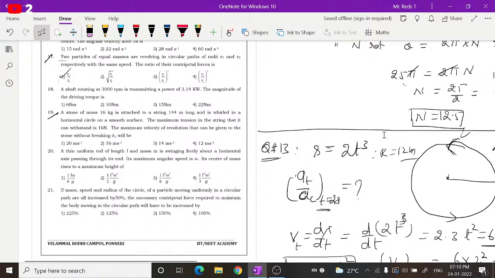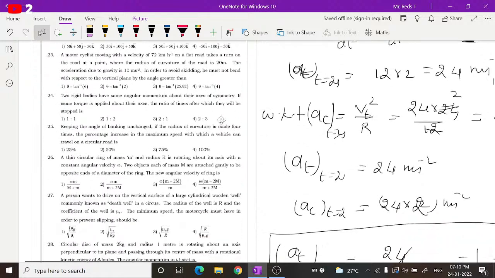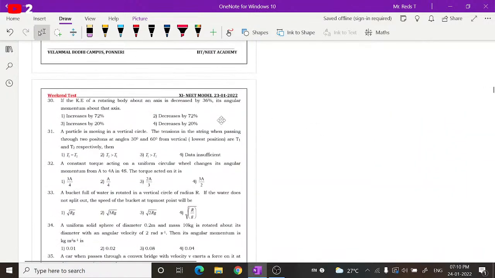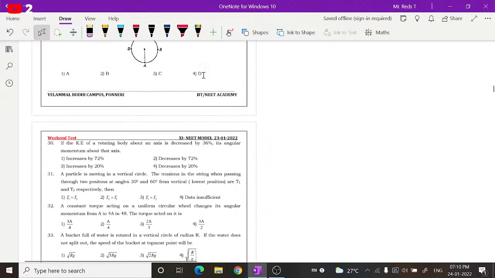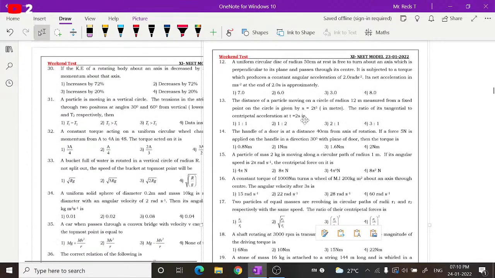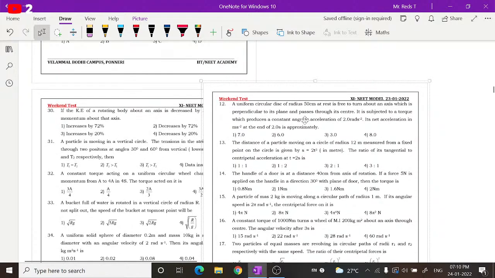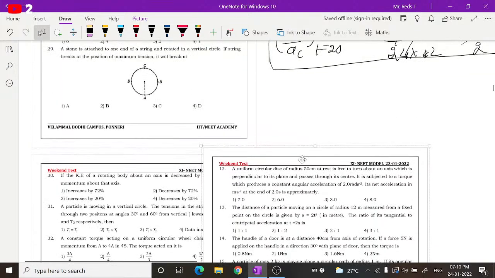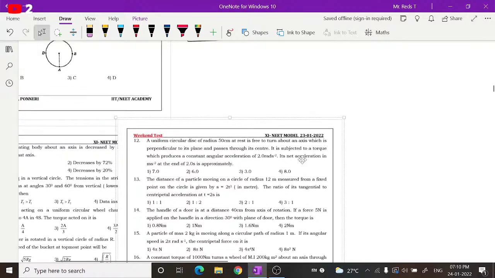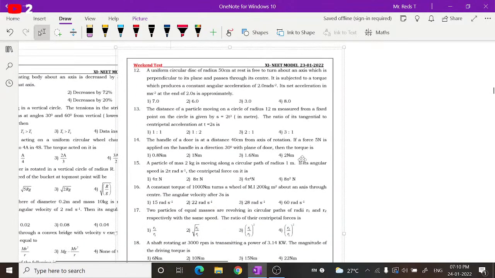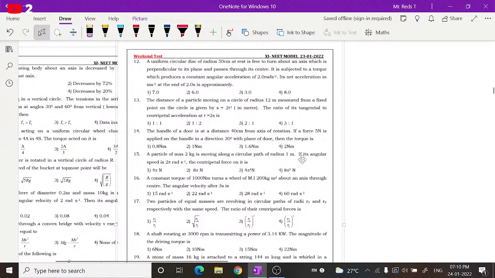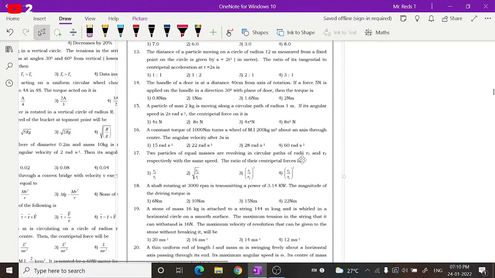Let me take this page down to see. Can I take this page down? Control V. Okay, it is overlapped. Let's try to look here. So question number 19.